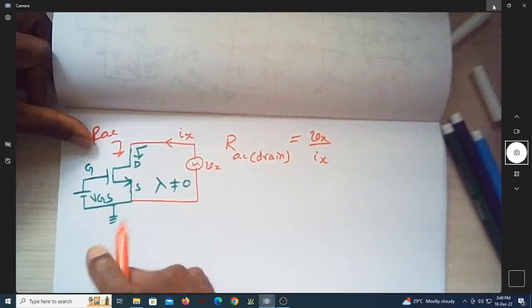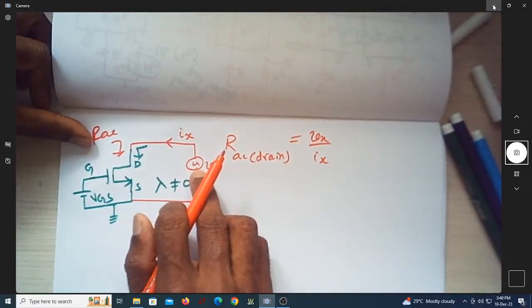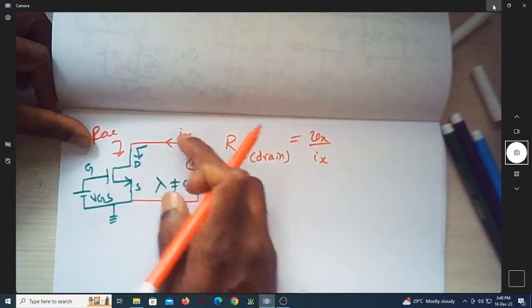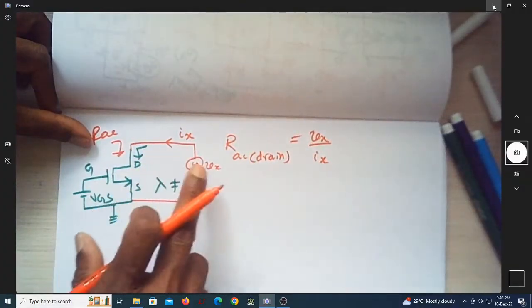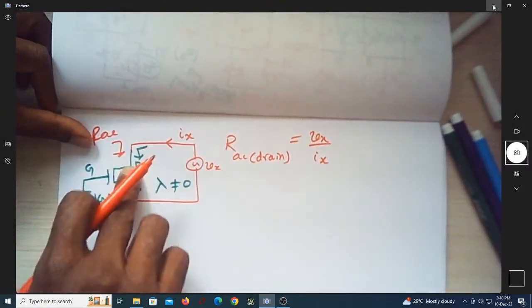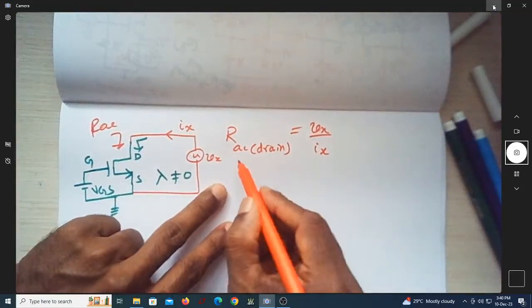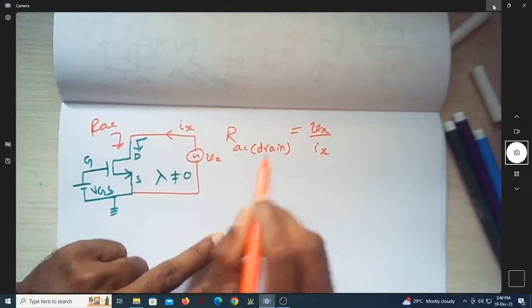The only way to measure that is you apply some dummy voltage and measure the current going into the circuit. The ratio of Vx by Ix is the resistance looking towards the drain side. That's the AC resistance. Now let us see how we do that.